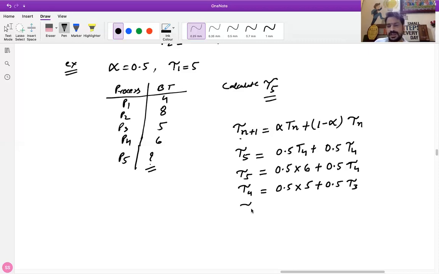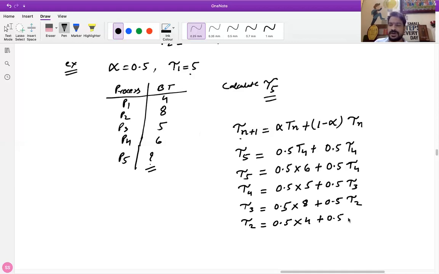Now tau of 3 will be 0.5 into what the second one is, 8, plus 0.5 of the predicted time of 2. What is the predicted time of 2? It will be 0.5 into the P1, which is 4, plus 0.5 into tau of 1. What is tau of 1?